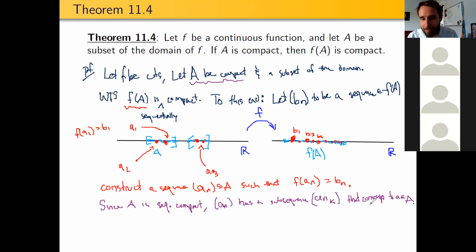So this subsequence converges to an element of A.